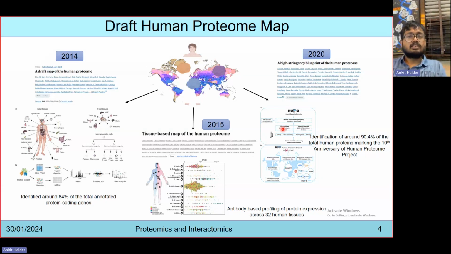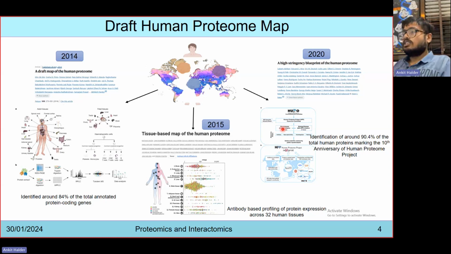So now, moving on from 2014 and 2015, then in 2020 came the Human Proteome Organization. Just to give you a definition, the Human Proteome Organization is an organization that collaborates with different institutes and different countries to facilitate proteomics research across the globe.